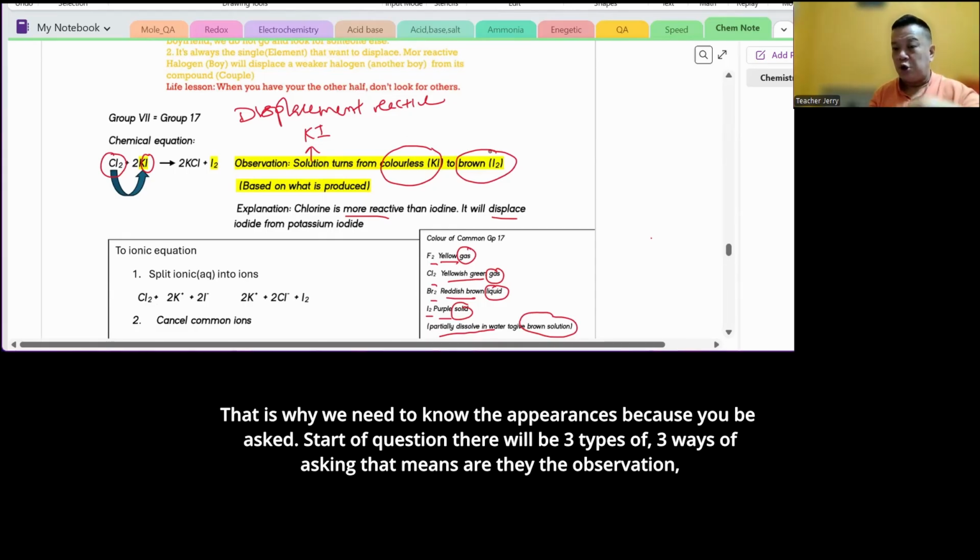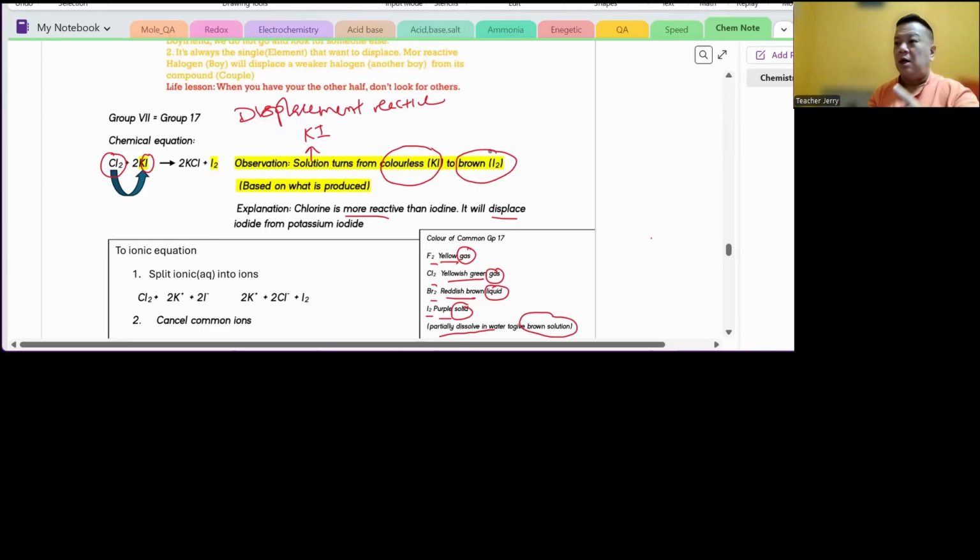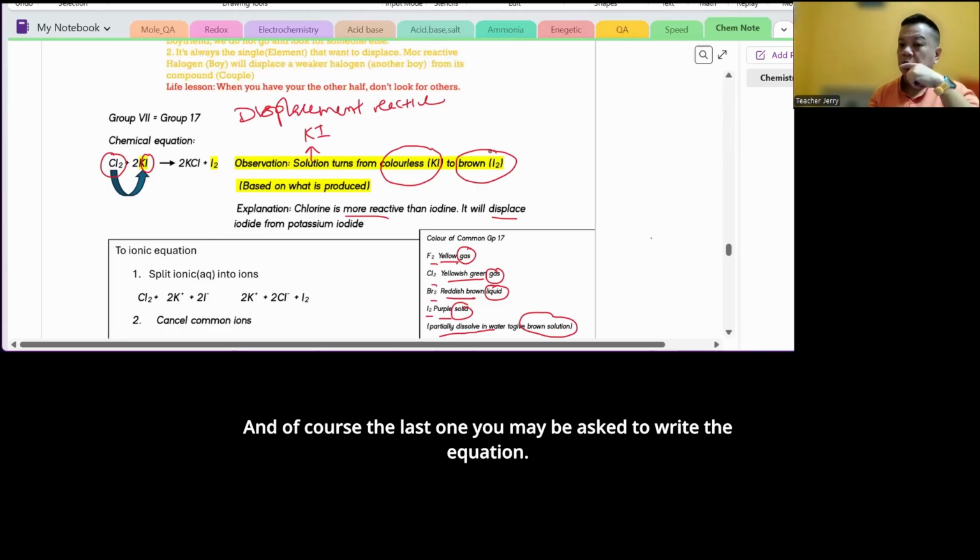There will always be three ways of asking. Number one is the observation, that's why you need to know the physical appearance. Then you may be asked to explain why this reaction happens, so you talk about why it is more reactive or less reactive. And the last one, you may be asked to write an equation.